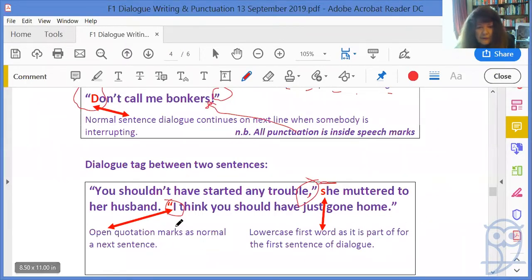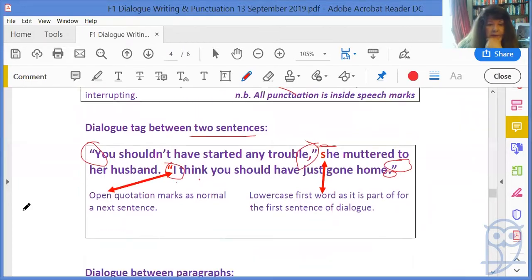So you just open the quotation marks as normal for her next sentence. All right, punctuation again inside the speech marks. Always inside. Okay. So that's between two whole sentences with the dialogue tag. "You shouldn't have started any trouble," she muttered to her husband. "I think you should just have gone home."